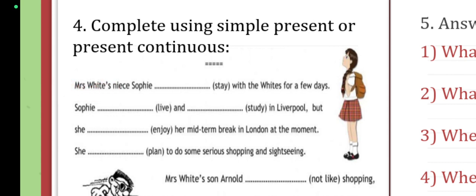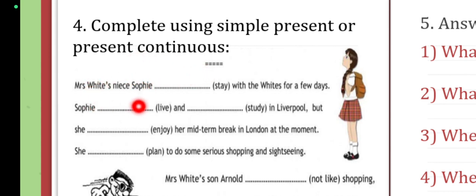I didn't listen. Okay, here we have a mixed paragraph, because here you will need to complete by using simple present or present continuous. So you have to be really careful, because remember that we use simple present with things that happen habitually, and present continuous with temporary things.